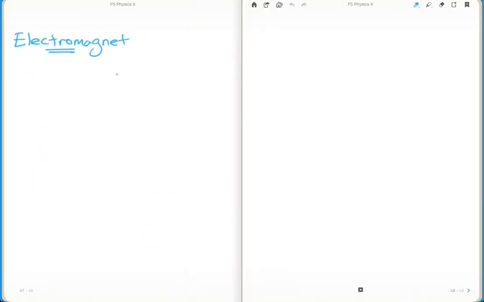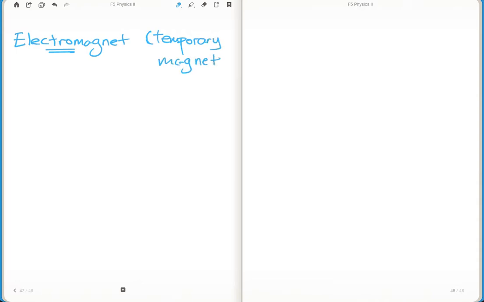Electromagnet is a temporary magnet. You pass through a direct current, then you get a magnet.